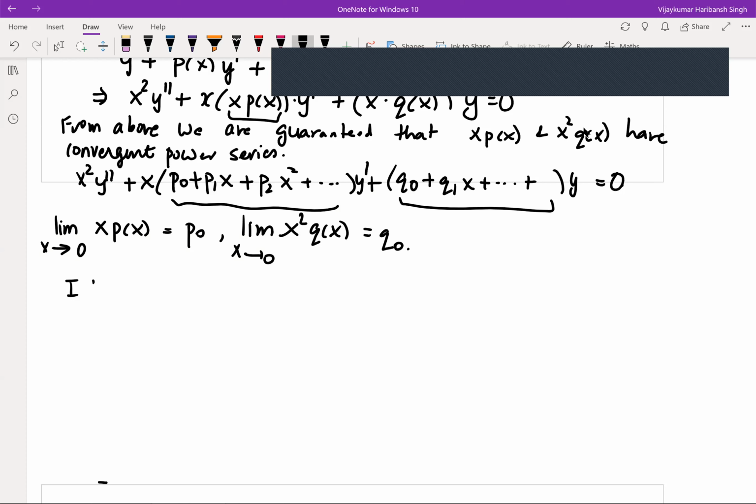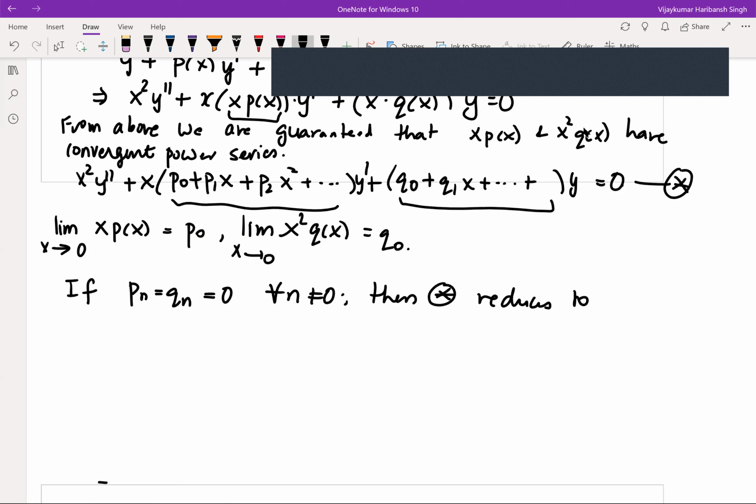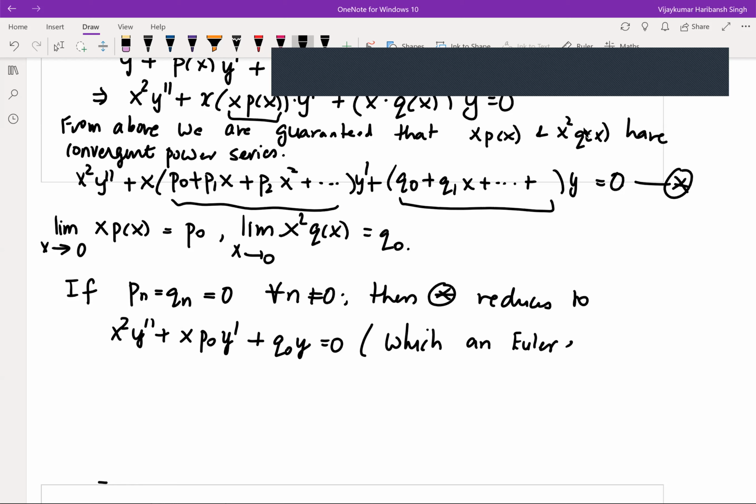Now if Pn equals Qn equals 0 for all n not equal to 0, then, let's call this equation star, star reduces to x squared y double prime plus x p naught y prime plus q naught y equals 0, which is an Euler equation, and we have already seen this.